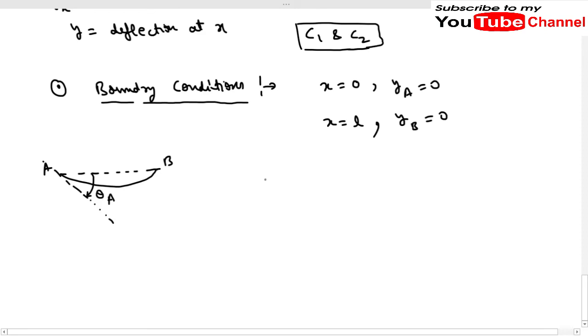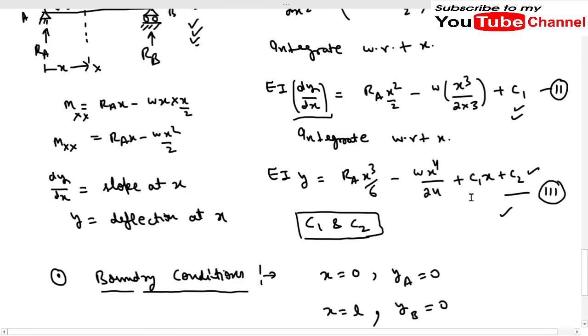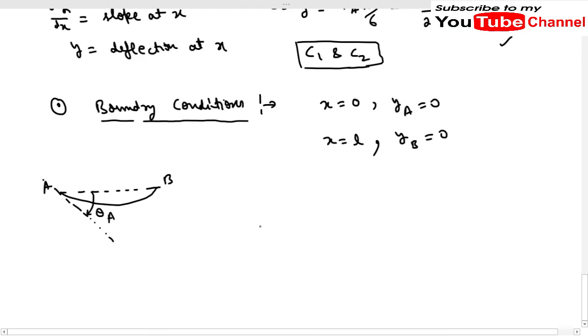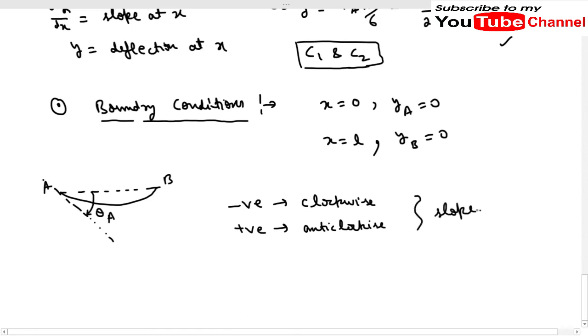So in this method, if I get a negative value for dy by dx from equation number 2, a negative value means that the slope is clockwise, and a positive value means the slope is anti-clockwise. This is the sign convention for slope.